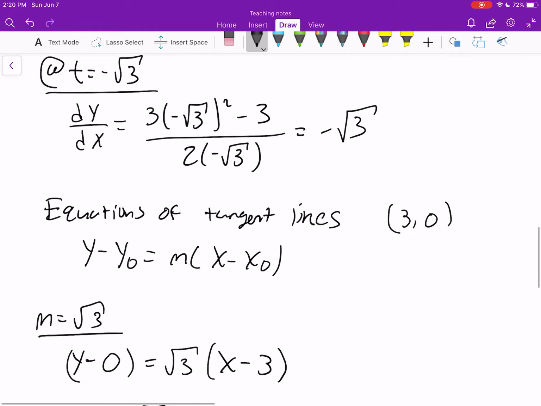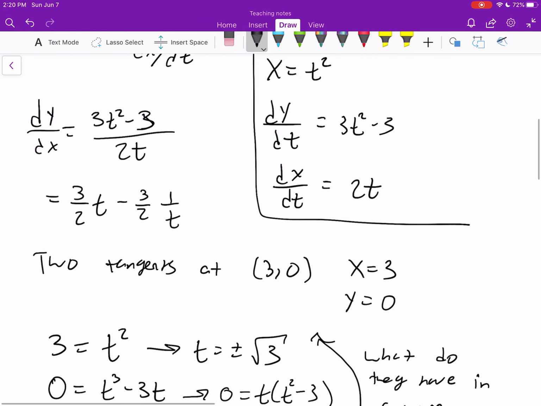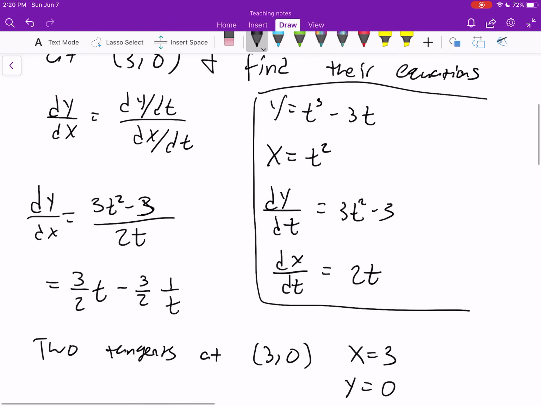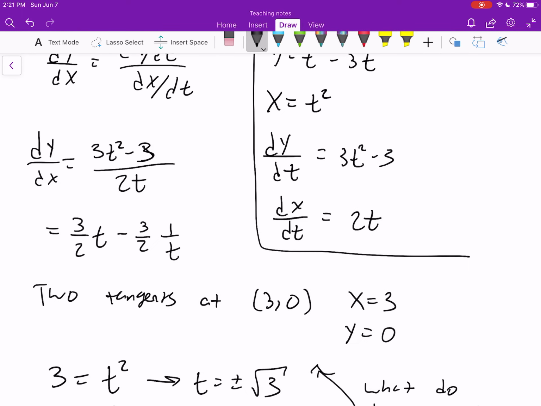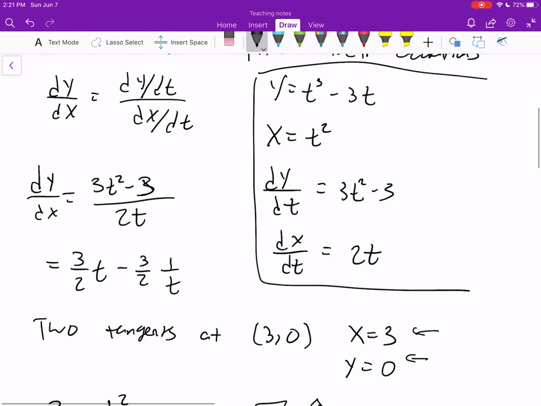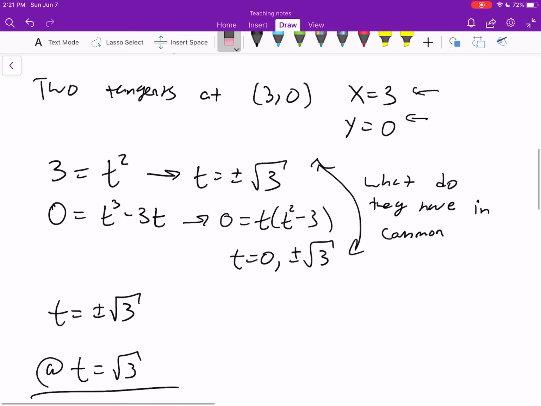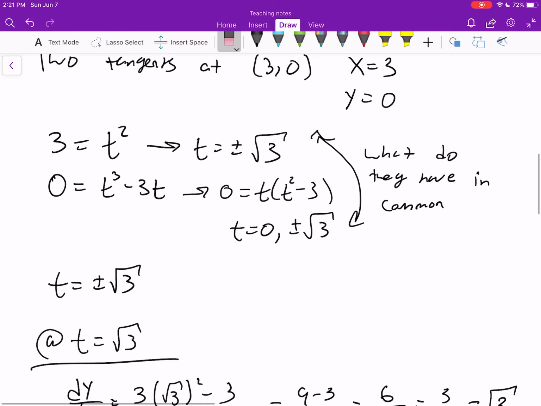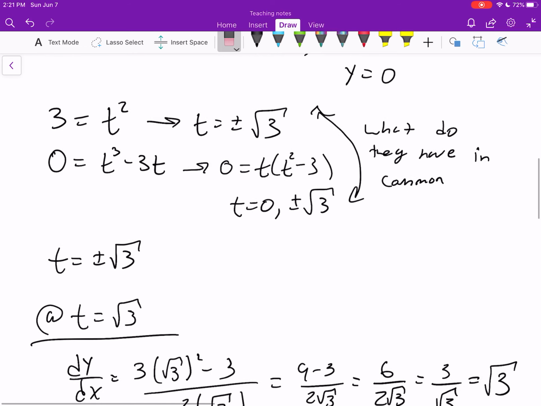So I just want to recap, because this is the first time you've probably seen this. What I did first is I calculated the derivative and noted that the derivative is all in terms of t, whereas I'm handed an x and y value. So I took the fact that I knew the x and y values, plugged them into my parametric equations up here, and with that I was able to solve those equations and get the values of t where x was equal to 3 and y was equal to 0.